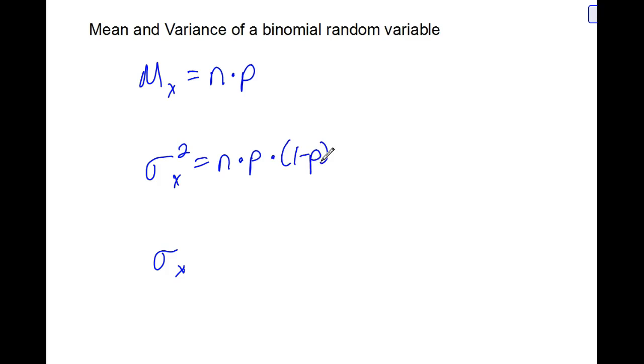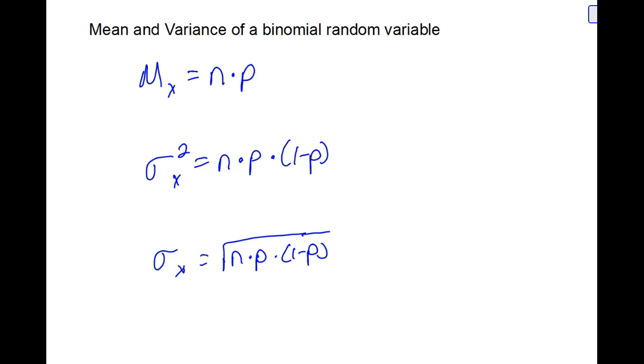So it's both of your probabilities times the number of trials. And remember that the standard deviation is strictly the square root of that, so the square root of n times p times 1 minus p is your standard deviation. So these are probably some of the simpler mean, variance, and standard deviation formulas that you'll see.